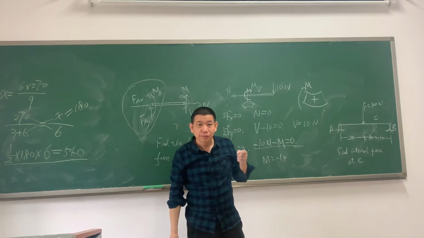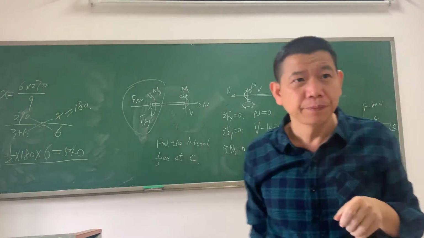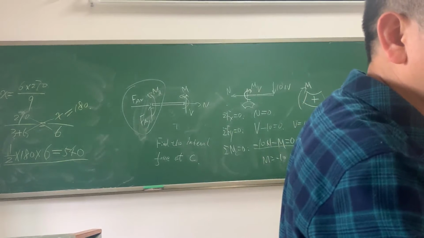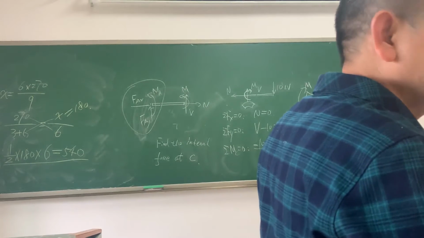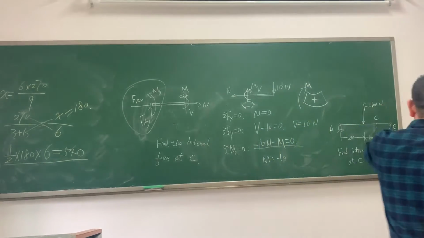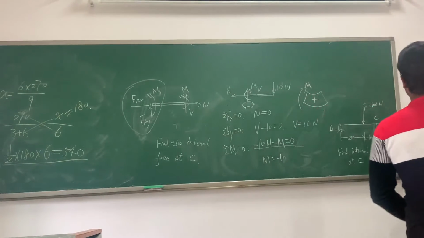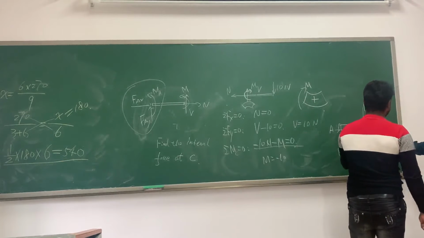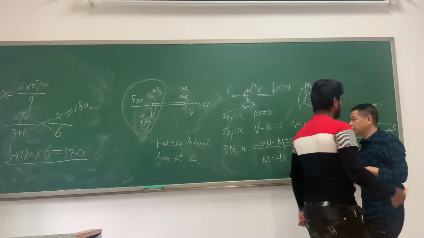So we take this one, which has the force and the moment, and point C. There is support. So in this problem, at first we have to find the support reactions.